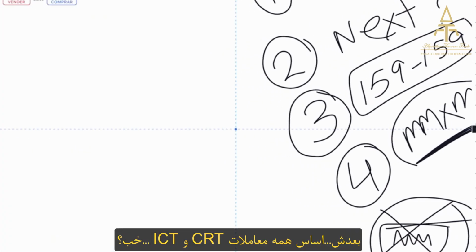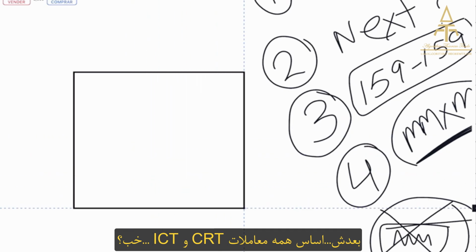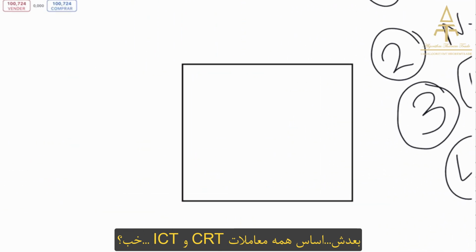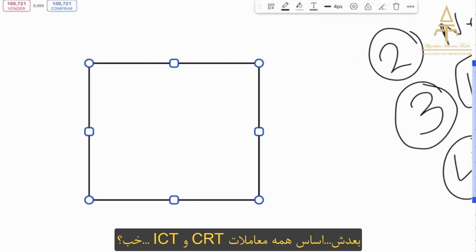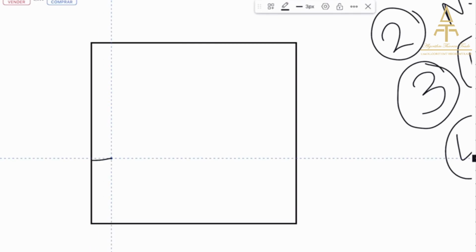And again, the basis of all of CRT and ICT trading, right, is simply trying to catch the range of one candle. That's all that's ever happening.